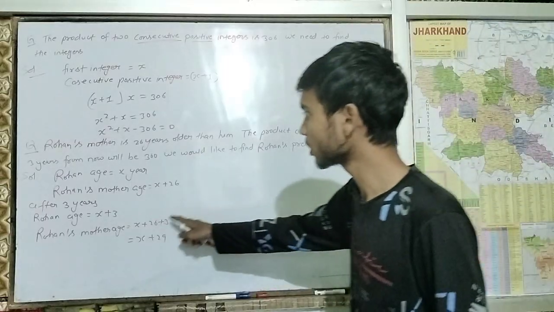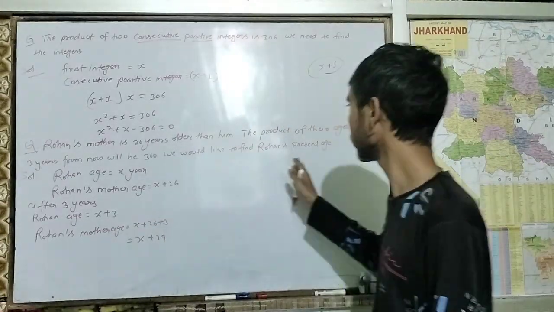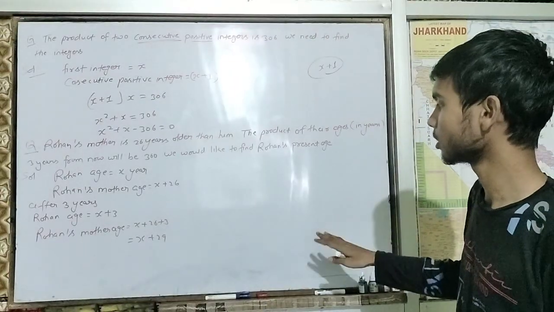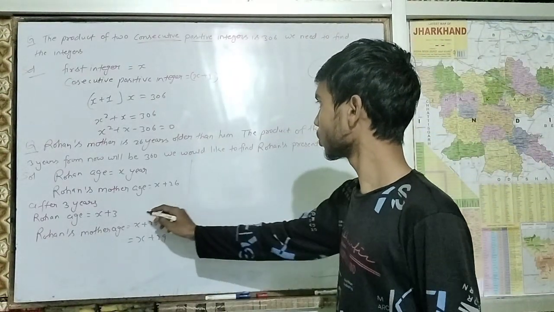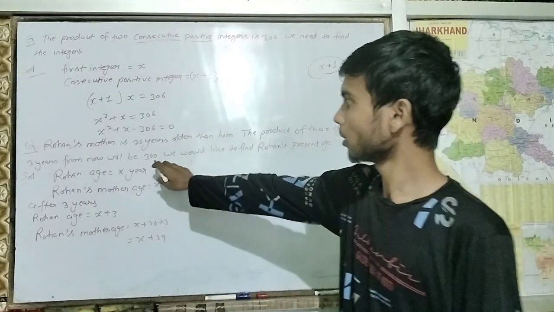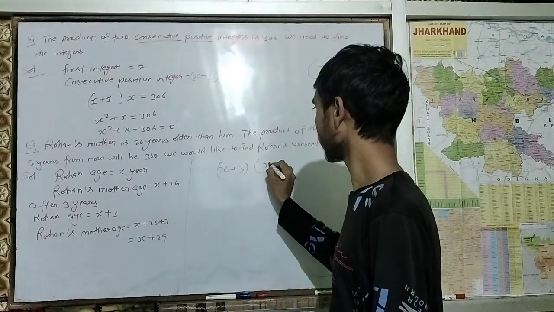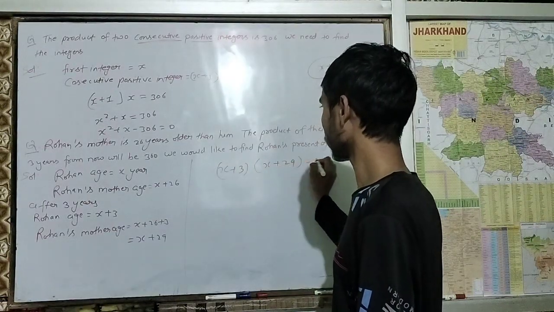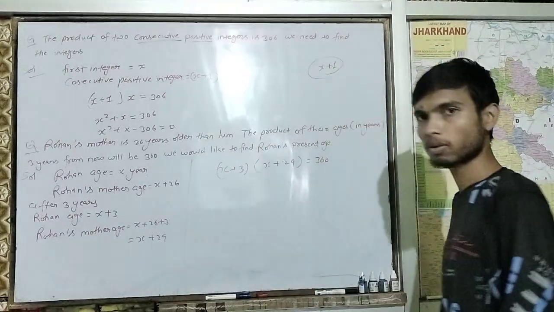So we want the product of these two. The product of their ages will be equal to 360. So x plus 3 times x plus 29 is equal to 360.